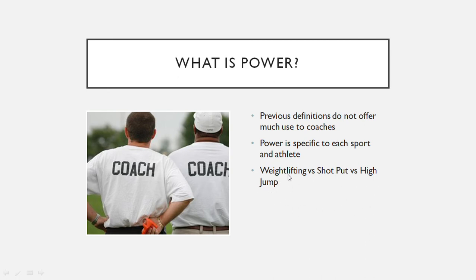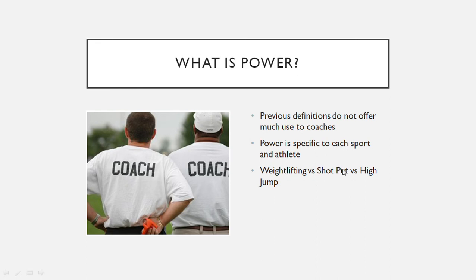A weightlifter is going to have very high loads that they're trying to lift, so the force in that power equals force times velocity equation is going to be really high, but the velocity is going to be pretty low. They're not going to be able to lift that heavy weight very fast. They still need to be powerful though, because if they don't have enough speed, they're not going to be able to get under the snatch or the clean or the jerk.